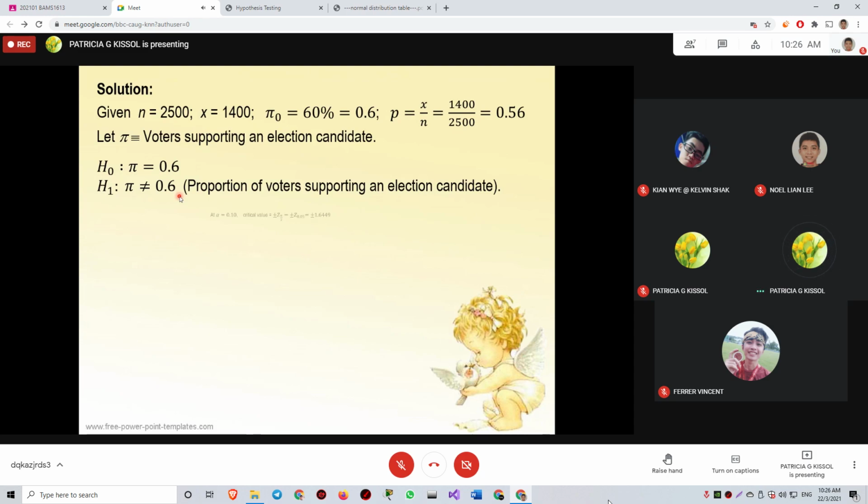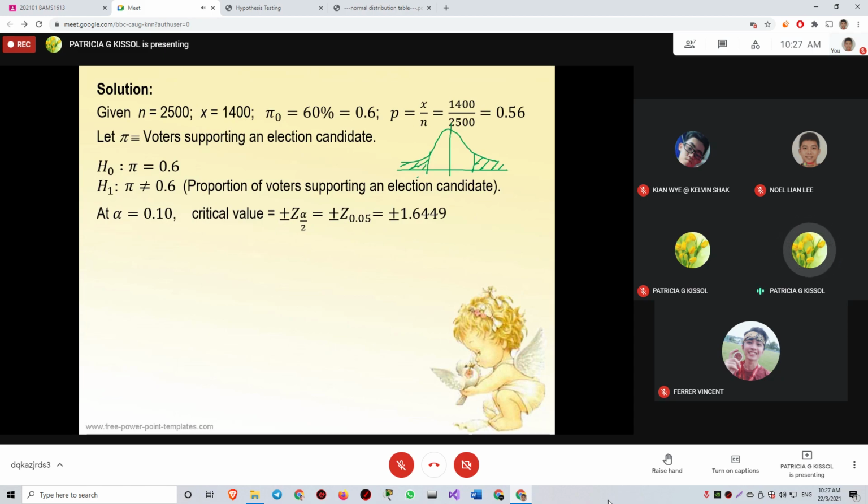From there, alpha is 0.10, and therefore we divide alpha by 2, because we have plus minus. Because it's a two-tail test, it will be something like this, just like what we discussed in the previous topic, same topic but different area.